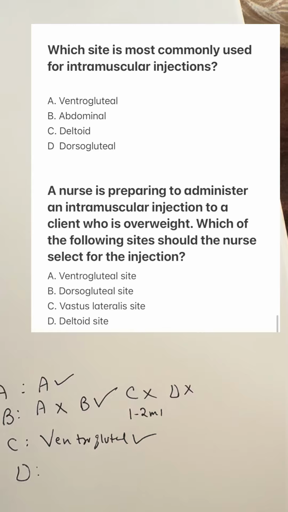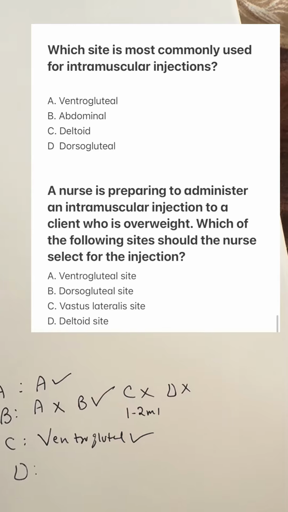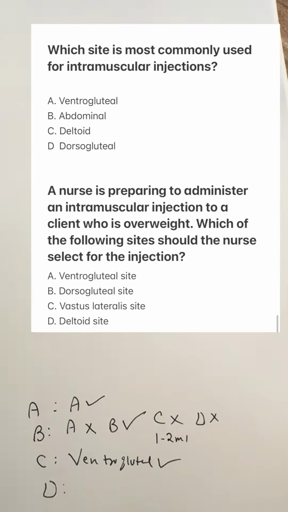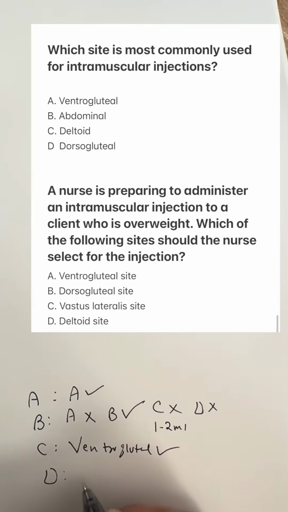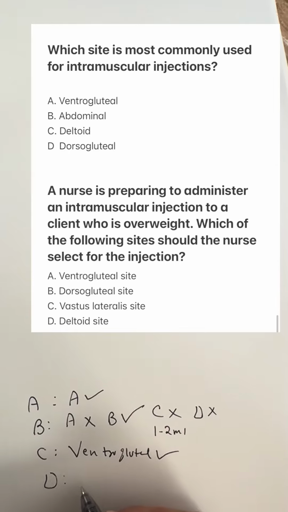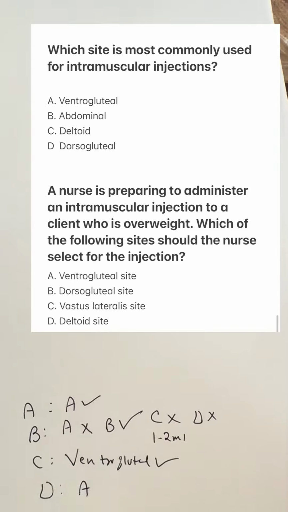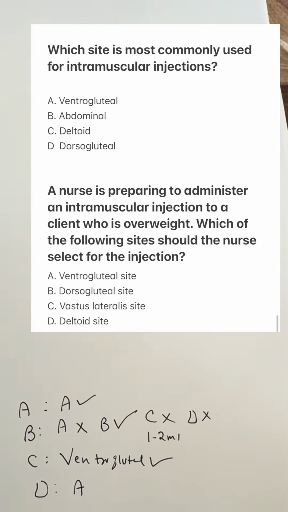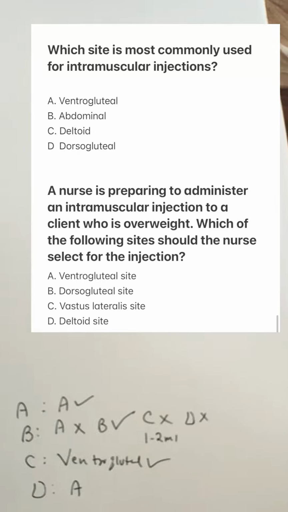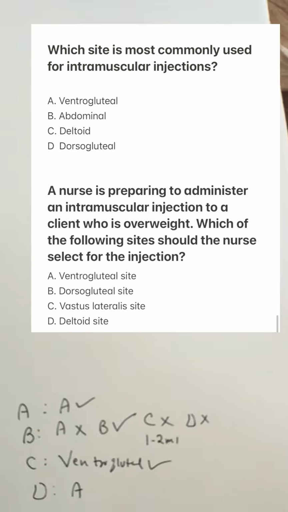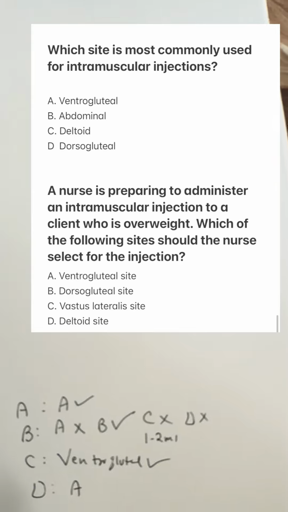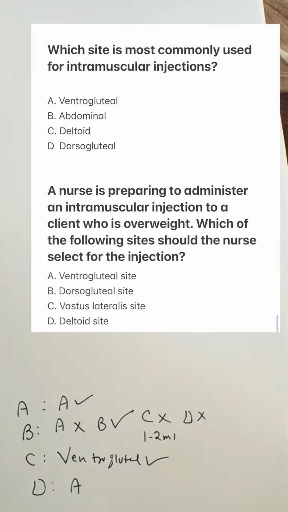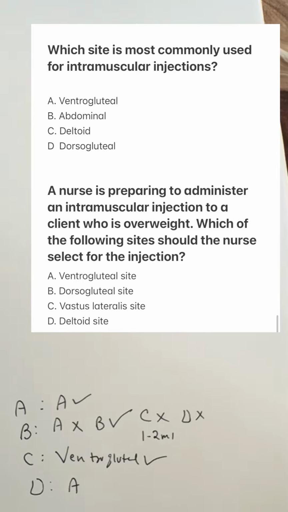Again we're going to go with the ventrogluteal site, option A. The ventrogluteal site is the preferred site for an intramuscular injection in an overweight patient due to the absence of major blood vessels and nerves, and it has well developed muscle mass and lesser risk of injecting into subcutaneous fat.